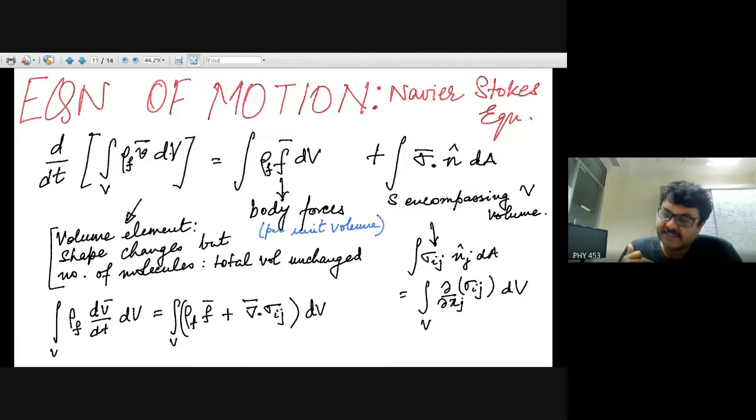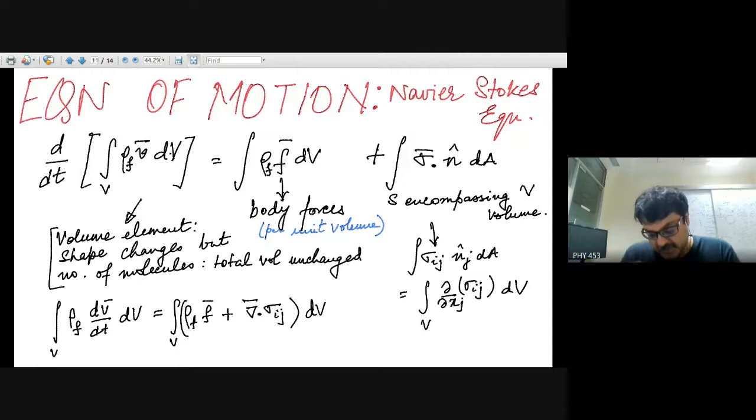So its density can change as a function of time. Moreover, the volume element itself can change and deform and flow around, carried by the fluid. But the total number of elements within the fluid element remains constant. And to account for that, we have written d/dt. This is d/dt.